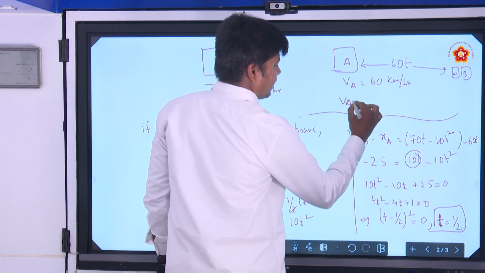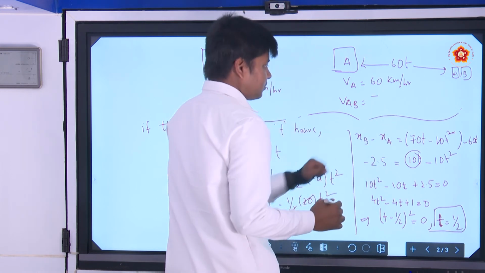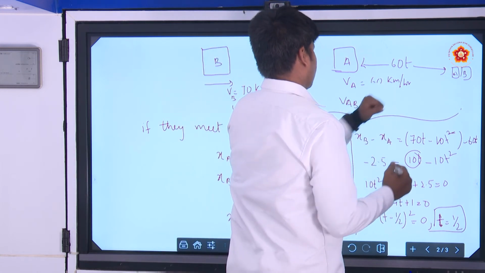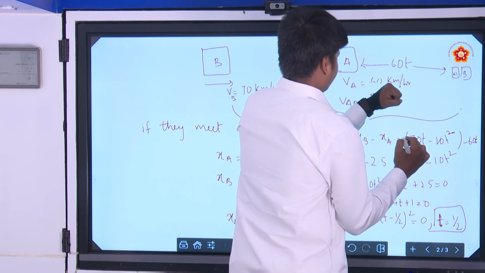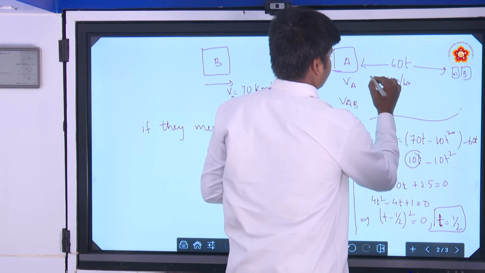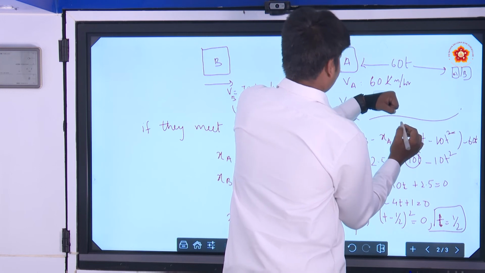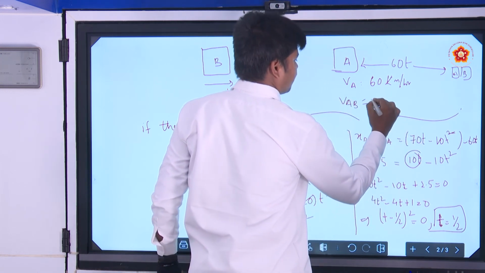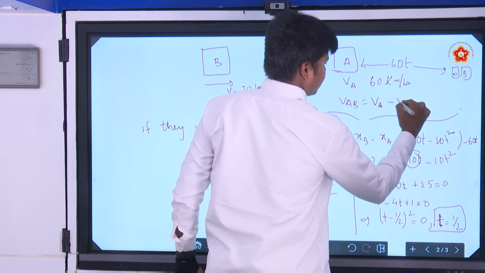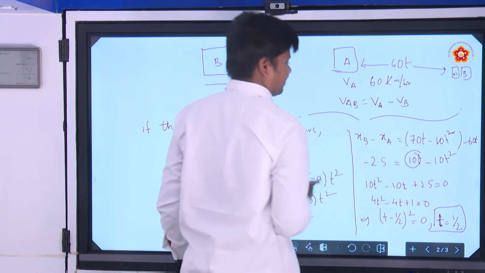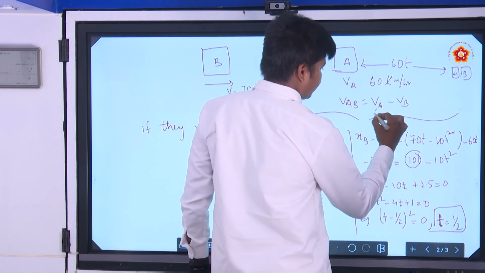VAB is equal to VA minus VB. All right, what is VA? 60.